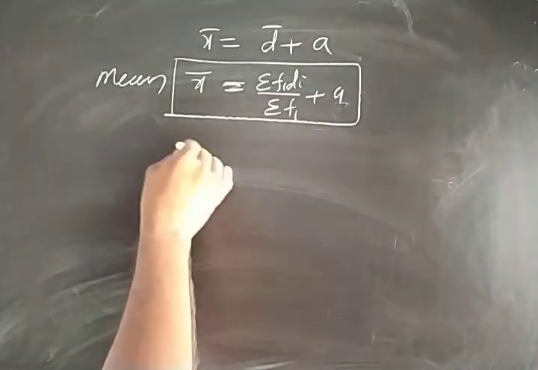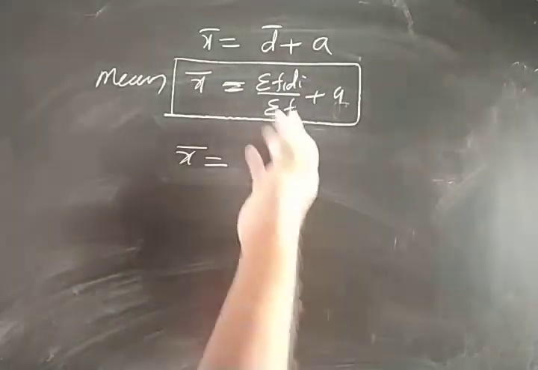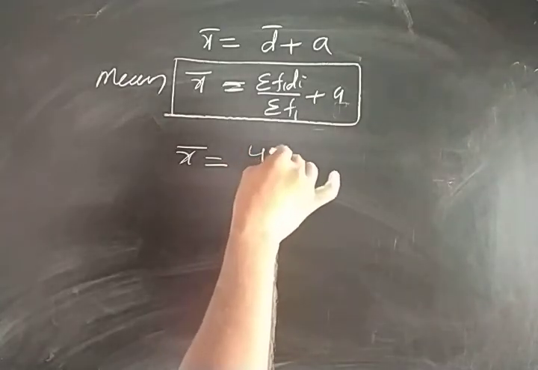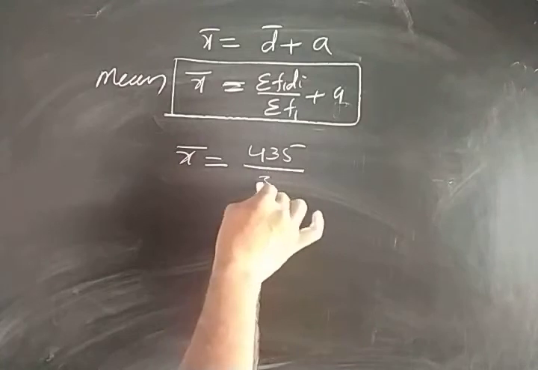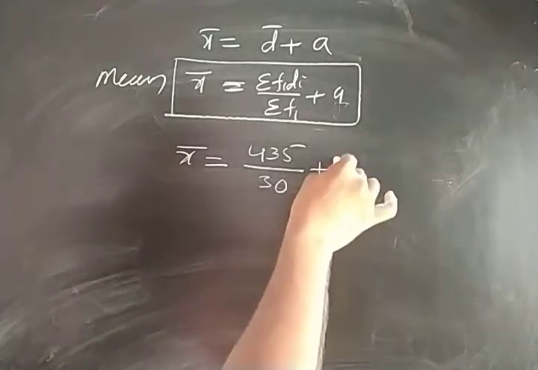Now I am going to find the value of mean. So what we got, summation Fi into di is 435. Okay, 435 by summation Fi is 30. And what is the assumed mean? What we assumed, it is 47.5.